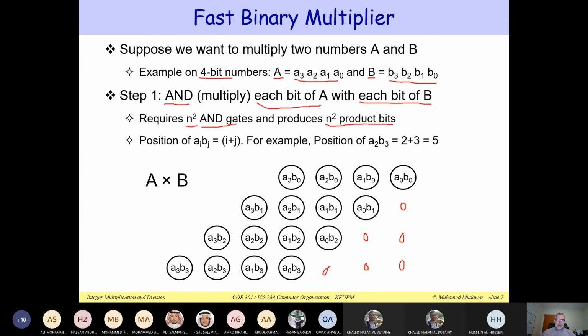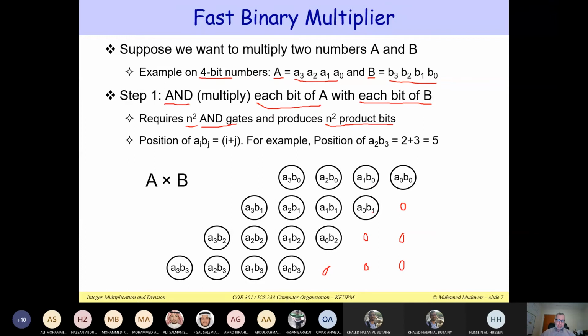Now notice that if you look at column 0, it's A0B0. If you look at column 1, it's A1B0, and it is also A0B1. If you look at the position of these bits, you look at the indices here. For example, bit 1 of A, bit 0 of B: 1 plus 0 is 1.